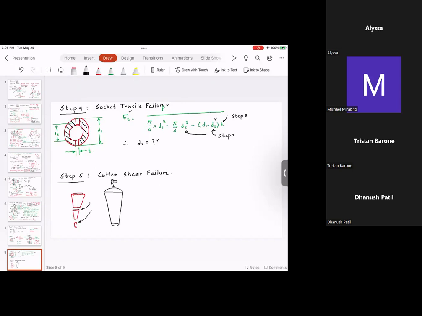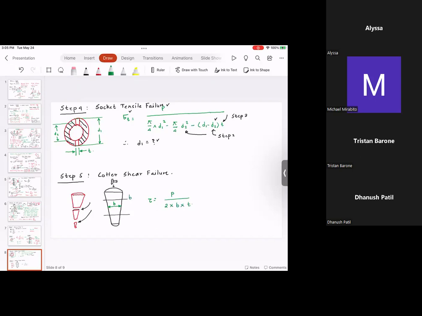Now, one important thing to keep in mind is, even though this is changing, say this is where the Cotter is failing, for the purposes of design, we consider the average width. So this width is basically B. And what we do is we find out tau is equal to P divided by 2 times B times T.